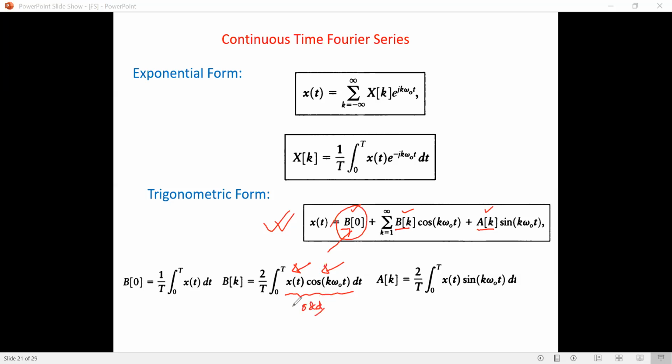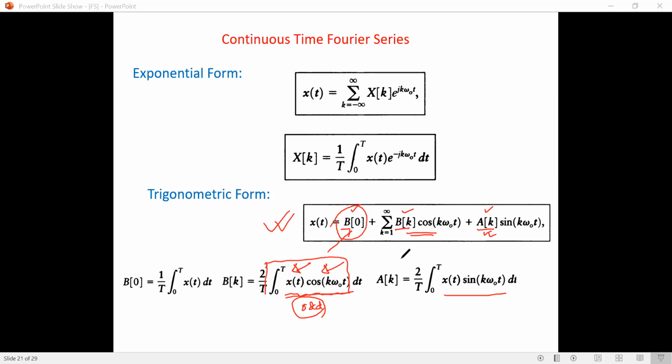So if you have an odd function that is periodic, then this integral over one period would be equal to 0. But this will exist. For this reason, if your function is an odd function, the average value is 0, as well as this coefficient will not be there. So we will have only the bk coefficient and sine terms. Similarly, if you have an even function, the reverse is true, where your ak constant will be available, no bk constant will be there.